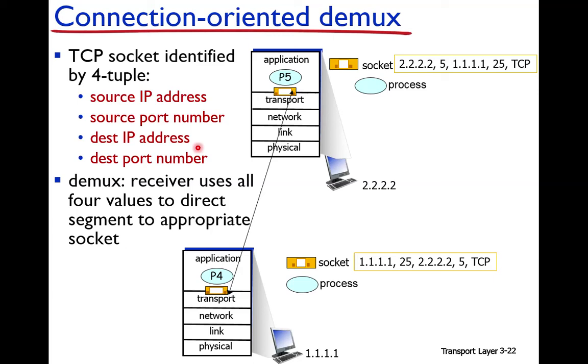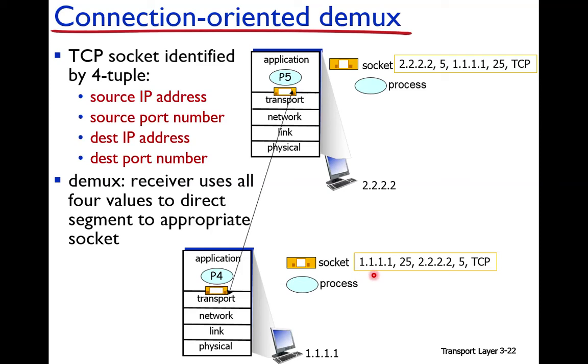Okay. So again I would like to explain, for example, suppose this is a system. Its IP address is 1.1.1.1. Suppose on this system there is an application running, P4, and this application P4 is associated with a socket.